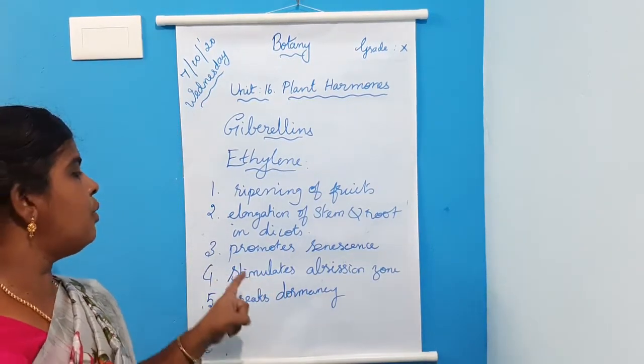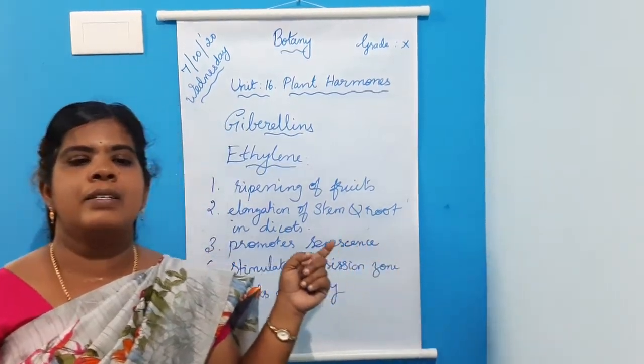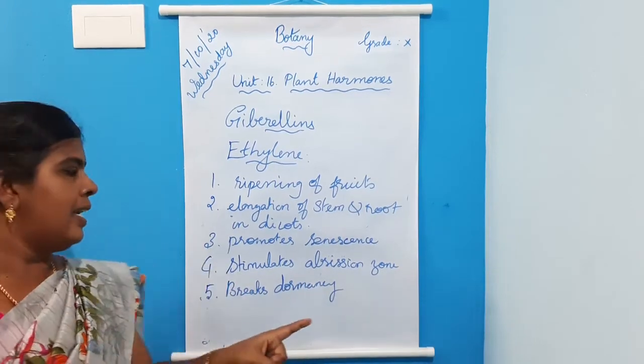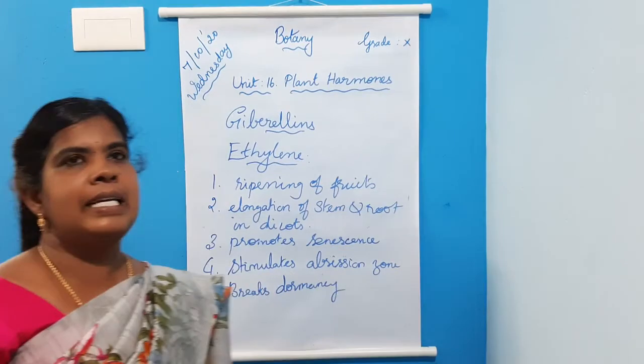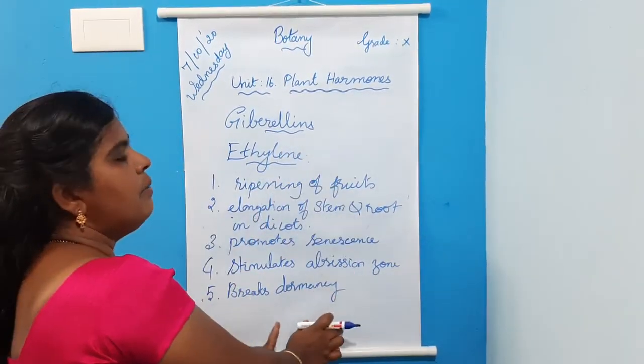So it stimulates the formation of abscission zone in leaves, flowers and fruits. This leads to premature shedding. Last one is it breaks the dormancy of buds, seeds and storage organs. So these are the physiological effects of ethylene.